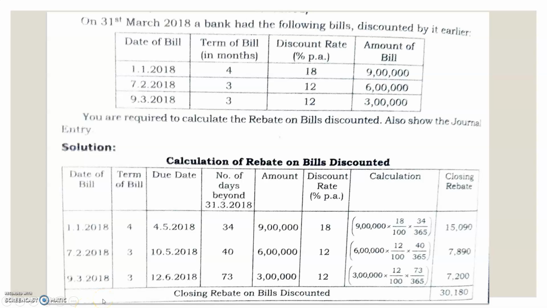That is April 30 days, May 31 days, and June 12 days. So add it together. That is how you will get 73, and 73 by 365. And you can find out the total closing rebate. That is, for these 3 bills, there are different amounts, and you can calculate the total of the rebate, and you will get the total rebate.